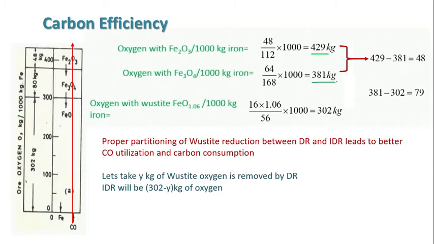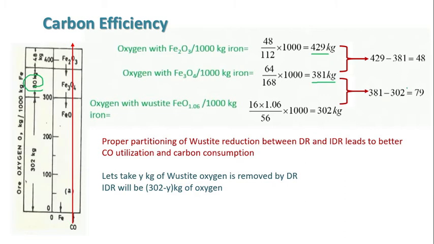FeO 1.06. Generally, what is wustite? Wustite is a non-stoichiometric material. So FeO is simply written as FeO, but it is not a 1:1 ratio. Anyway, FeO per 1000 kg of iron will be 302 kg. That means for reducing magnetite to wustite, we have to remove 381 minus 302, that will be 79 kg, or roughly 80 kg.